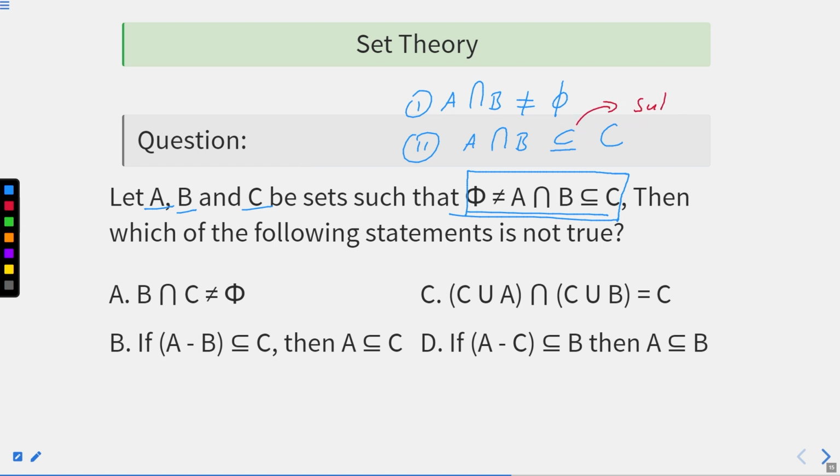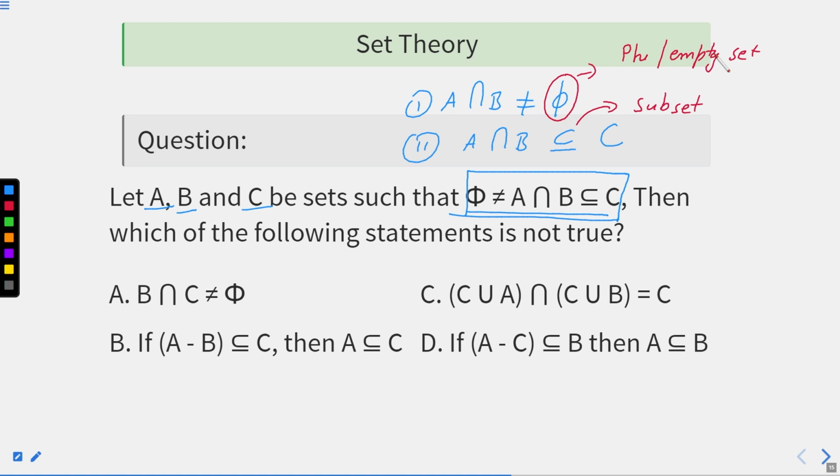Here phi means the empty set. Let me recall what an empty set is. An empty set is a set in which there is no element.